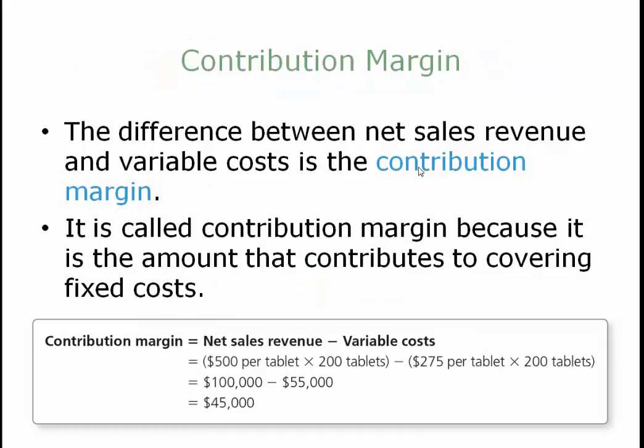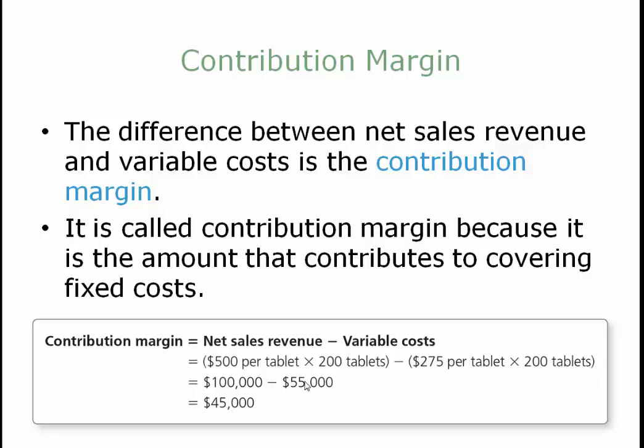So what we have is, and you can see this here, contribution margin, we touched on it, is sales less variable cost. So if we sold 200 tablets at $500, our sales were $100,000, and our variable cost was $275 per tablet times 200 tablets.